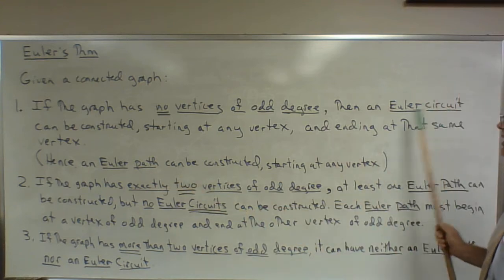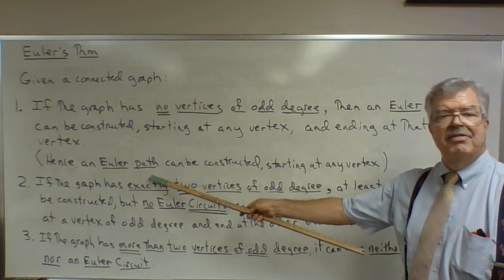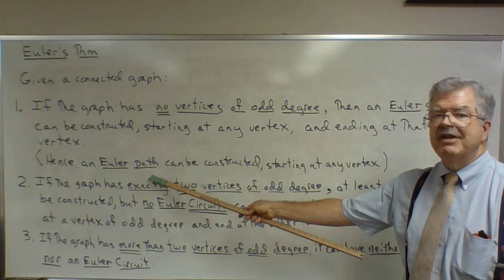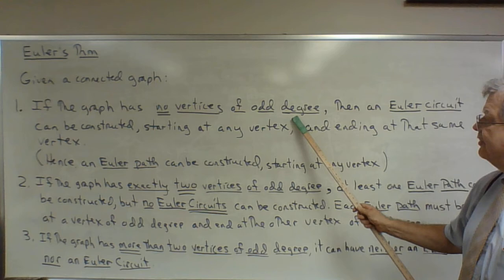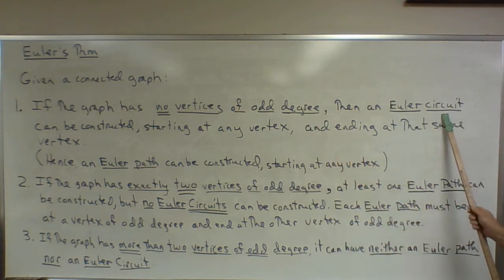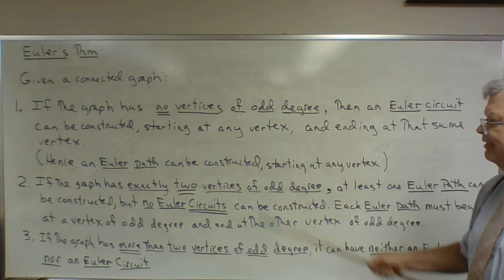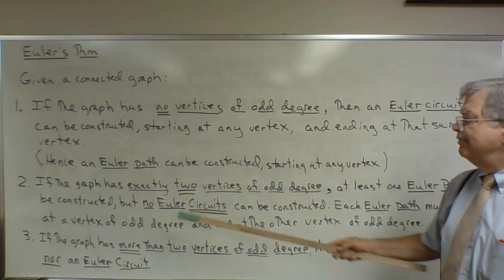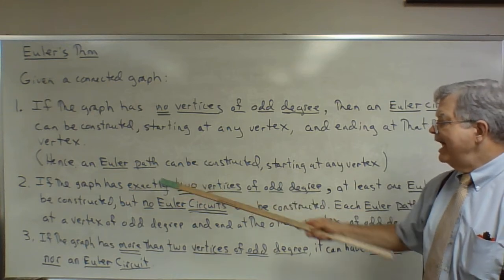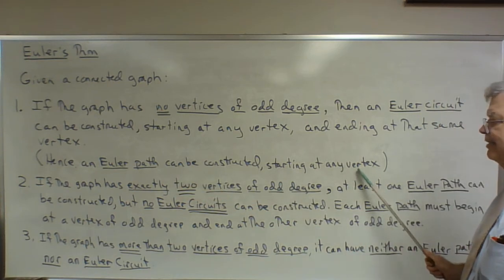An Euler circuit is an Euler path that just ends up at the same vertex that it starts at. And if we have no vertices of odd degree, then an Euler circuit can be constructed starting at any vertex and ending at that vertex. And that means that we can also start an Euler path starting at any vertex.